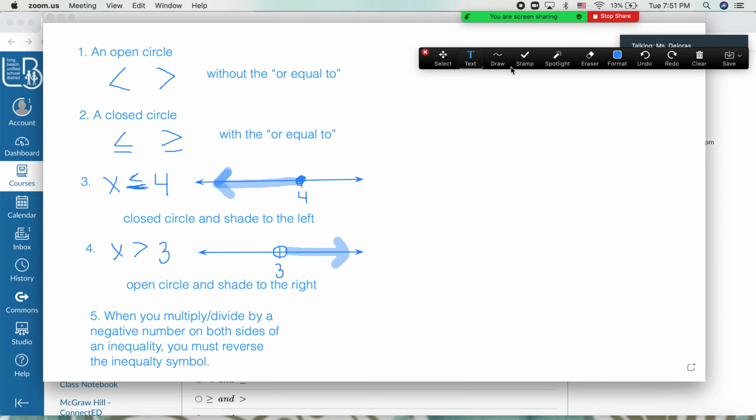And it's asking if this sentence is true or false. First, I want to underline the important parts of this sentence. So it's saying only when we multiply or divide by a negative number on both sides of an inequality, you must reverse the inequality symbol.